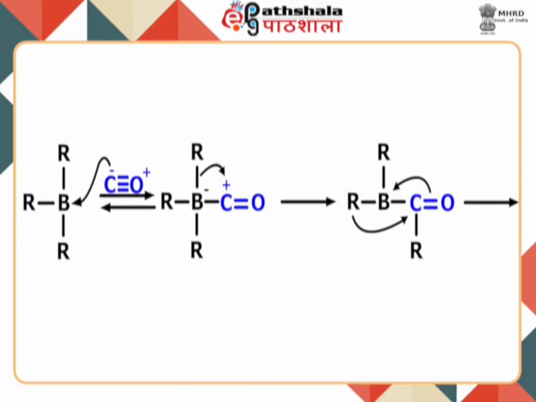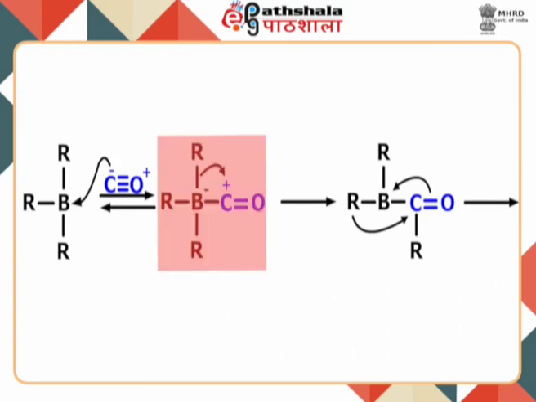As you can see, this trialkyl borane reacts with carbon monoxide, and you are already aware that boron is a Lewis acid and carbon monoxide through the carbon will be transferring this electron pair, and as a result you get this adduct.